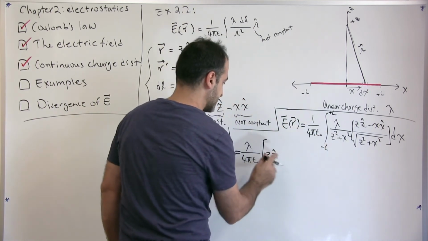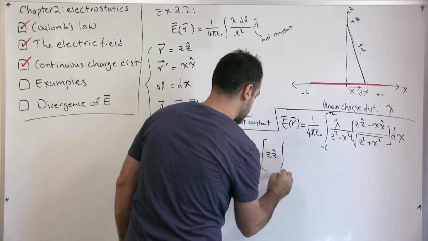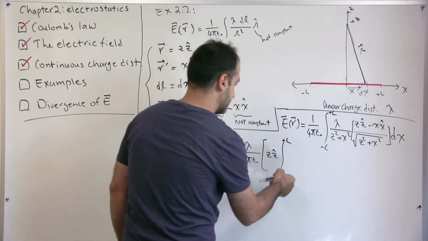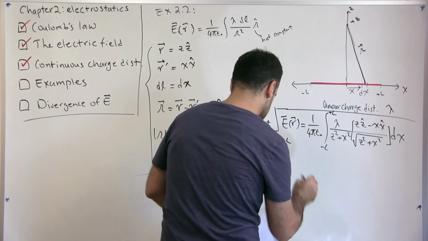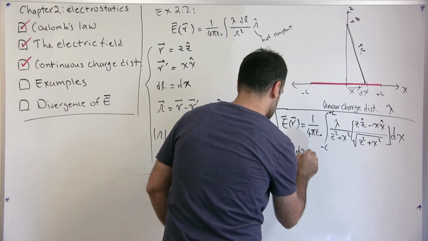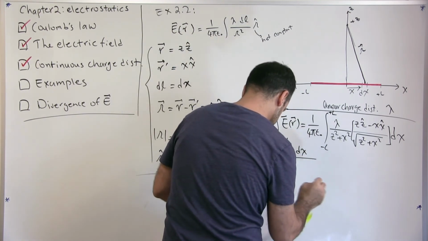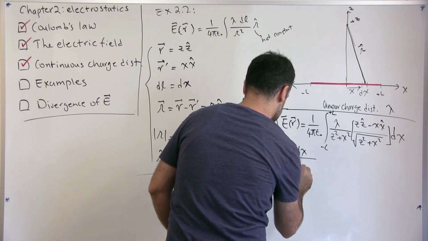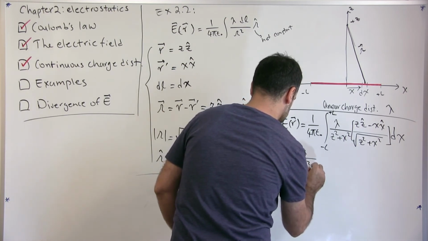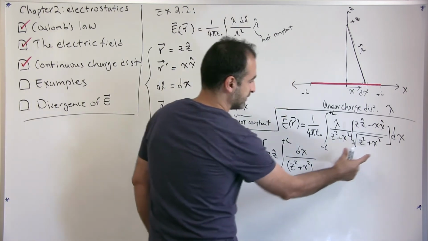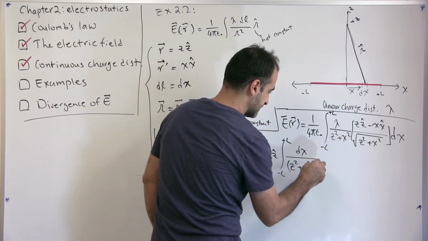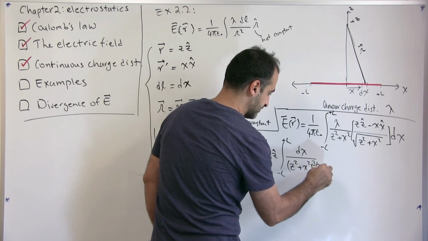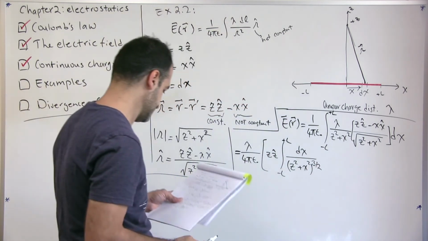Because it's constant, I take it out of the integral and do the integral with a limit of minus L to plus L over the rest of this, which is dx over z squared plus x squared. We have a square root here, and combined it's z squared plus x squared to the power of 3/2.